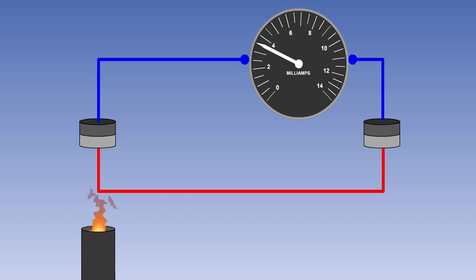When 2 wires composed of suitable dissimilar metals are joined at both ends, and one of the ends is heated, there is a continuous current which flows in the circuit. The device which uses this phenomenon is known as a thermocouple. The 2 connections are known as the hot junction and the cold junction.